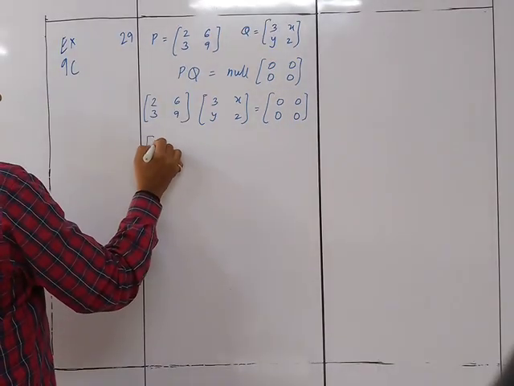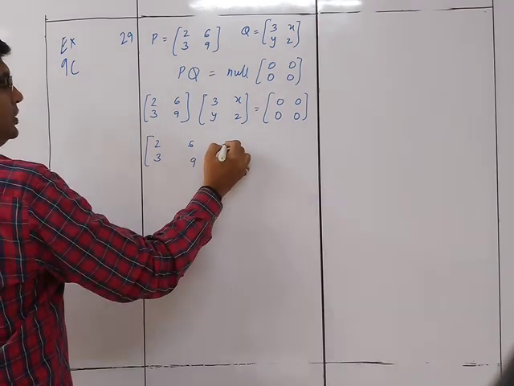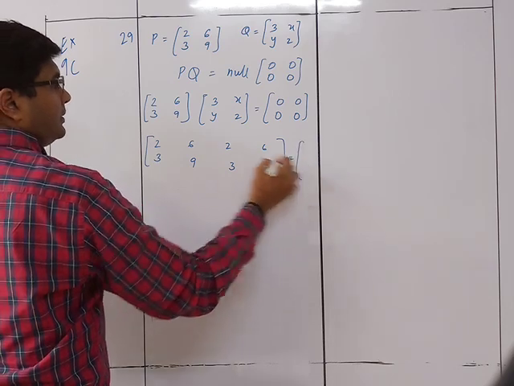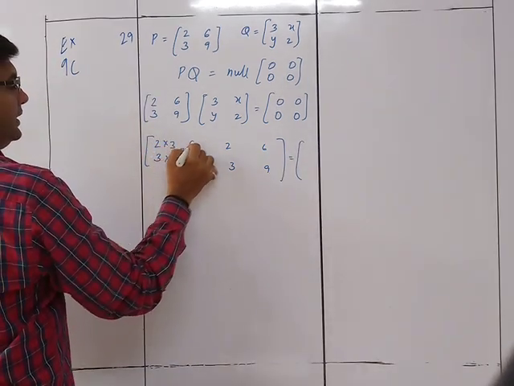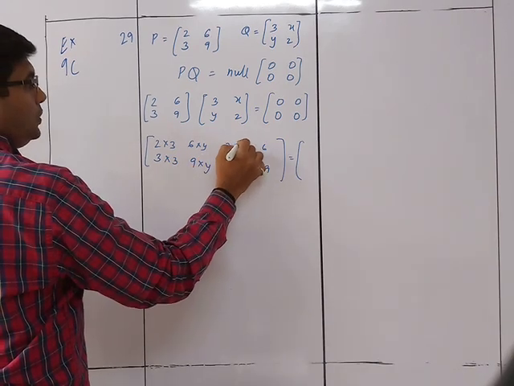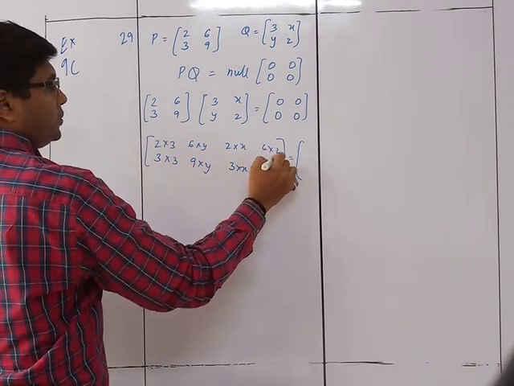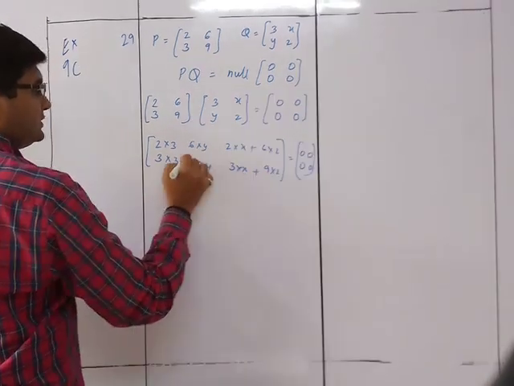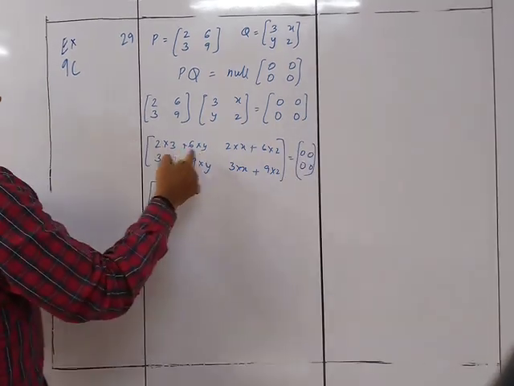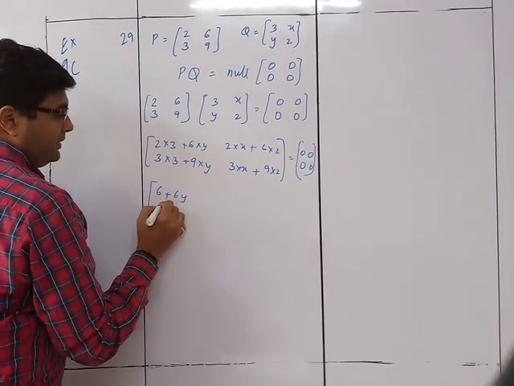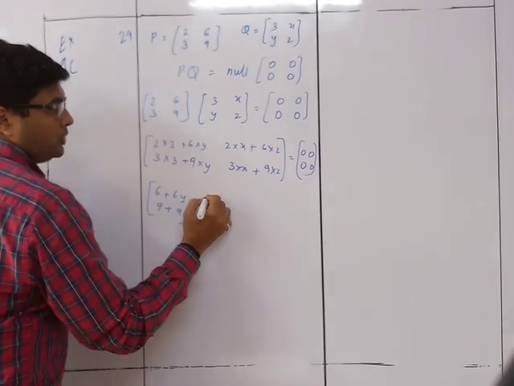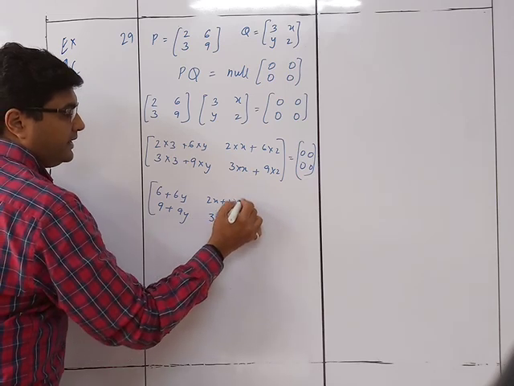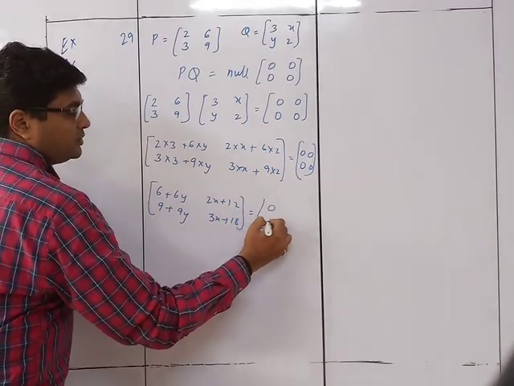Multiplying out, we get 6 plus 3x, 2y plus 6, 18 plus 9x, and 6y plus 18, and all of this is 0, 0, 0, 0.